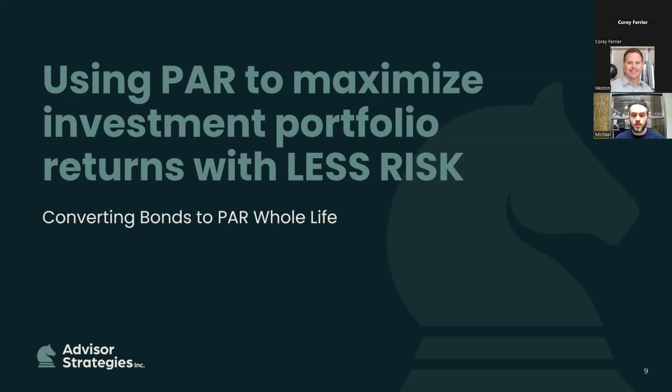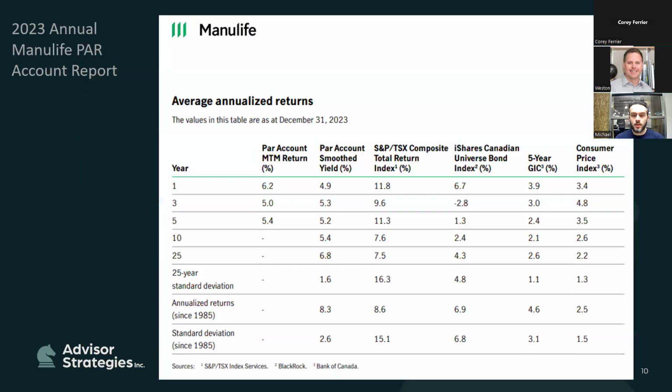A really effective way I found to do this is positioning PAR as an alternative to bonds in a portfolio, and how that can potentially look. So again, as Mike had mentioned, he showed us Canada Life, he showed us Sun Life. I've got the Manulife PAR account here. So overall, they all show very, very similarly.